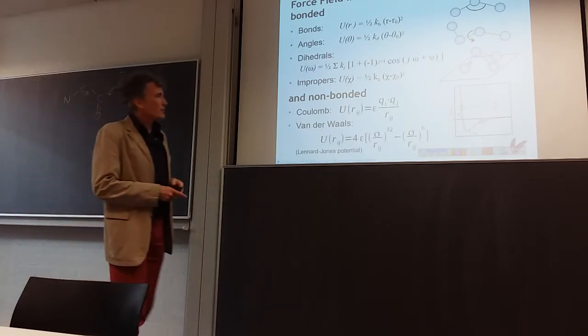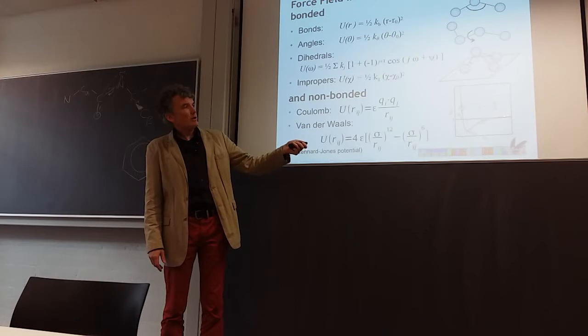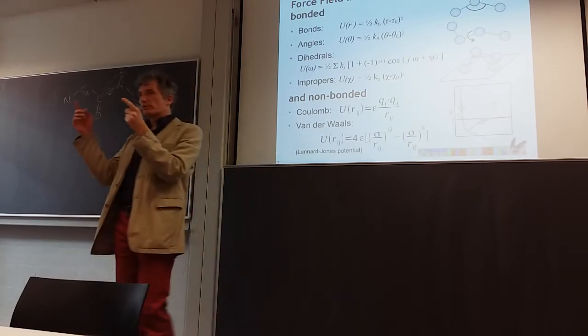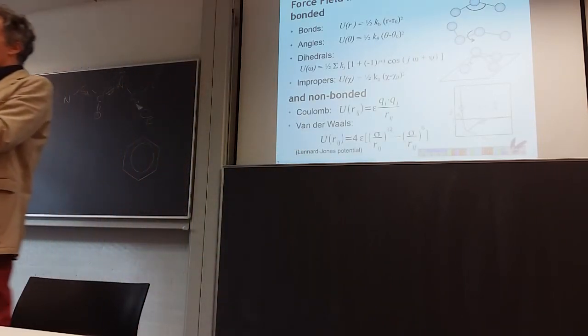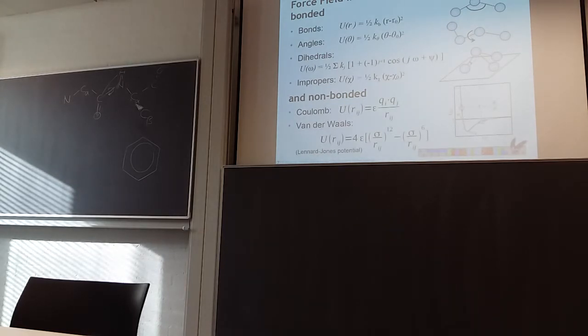But then think again. If you have a distance r and another distance 2r, twice the radius, how many more atoms do you expect at 2r compared to r? 8, maybe? No, it's the surface of the sphere.